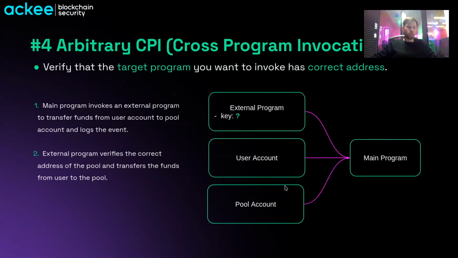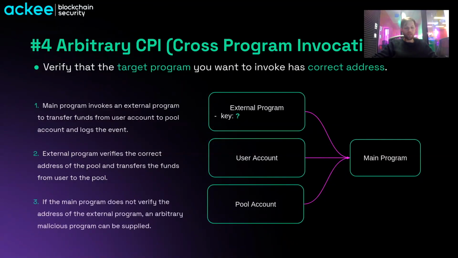So the way you could exploit it is that anyone, if you do not check the key of your external program and that it is the correct program that the main program should execute, can supply a different program that will actually take the signature from the user.